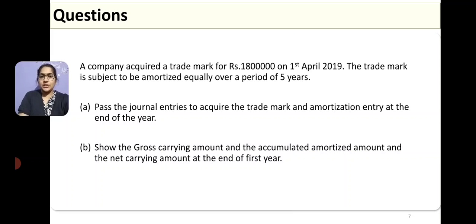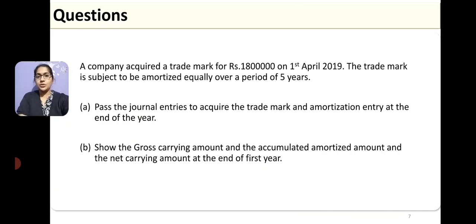So, next question, next example. A company acquired a trademark for 18 lakhs on 1st April 2019. The trademark is subject to be amortized equally over a period of 5 years. Pass the journal entries to acquire the trademark and amortization at the end of the year.